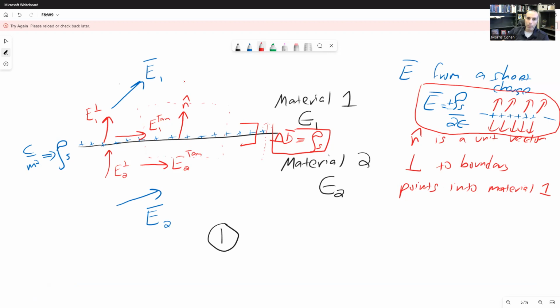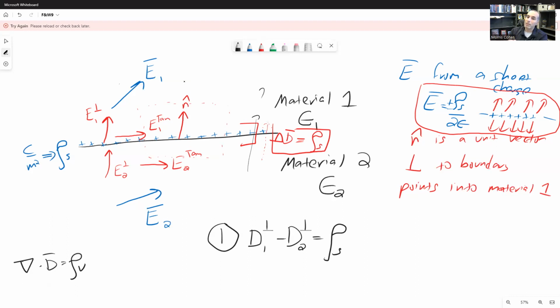And so mathematically, we're going to write this in the following way, that D1 perpendicular minus D2 perpendicular equals rho S. This is actually a restatement of Gauss's law, right? In particular, the divergence of D equals rho V. You can recast this and figure out that D1 perpendicular minus D2 perpendicular equals rho S. That the component of the electric flux density that is through the boundary is only going to change if and only if there is charge built up at that boundary.